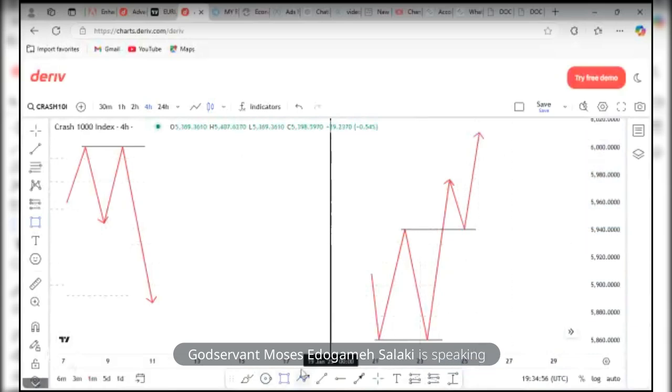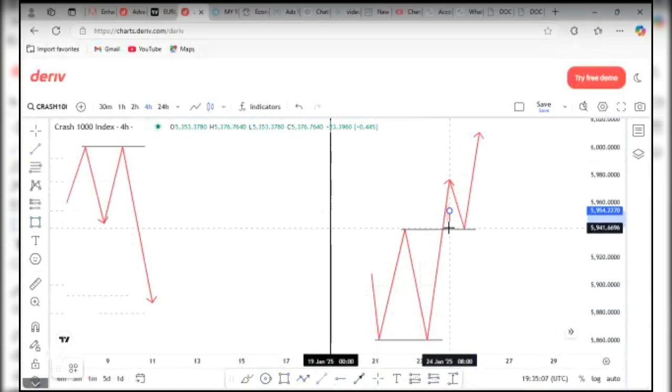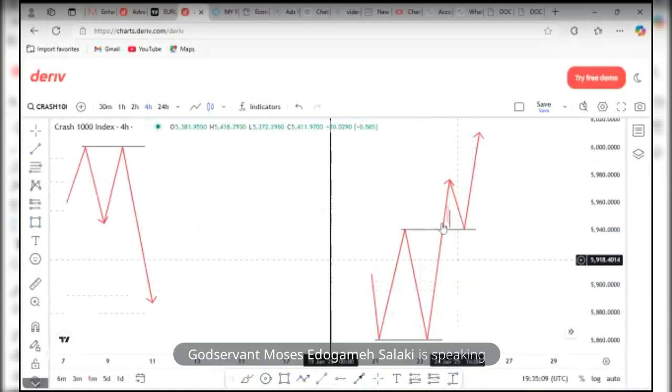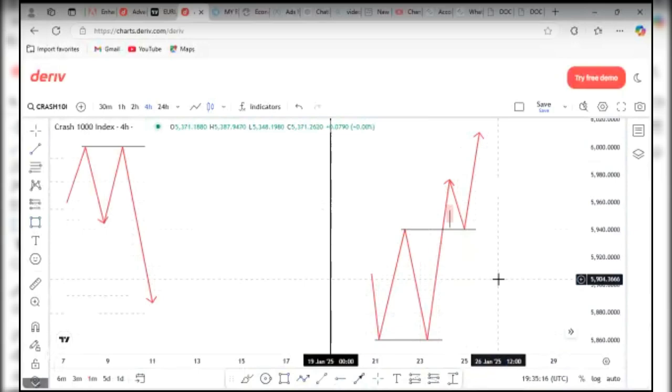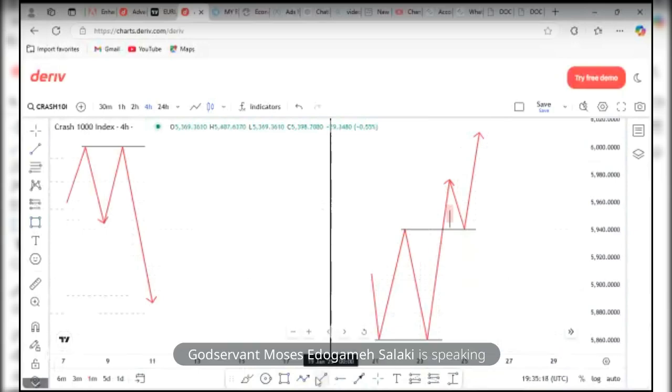Then we want to see price create that liquidity here that price will have to take. Price creates some form of liquidity here that price will take. You get it now? So price breaks this shape that is here.